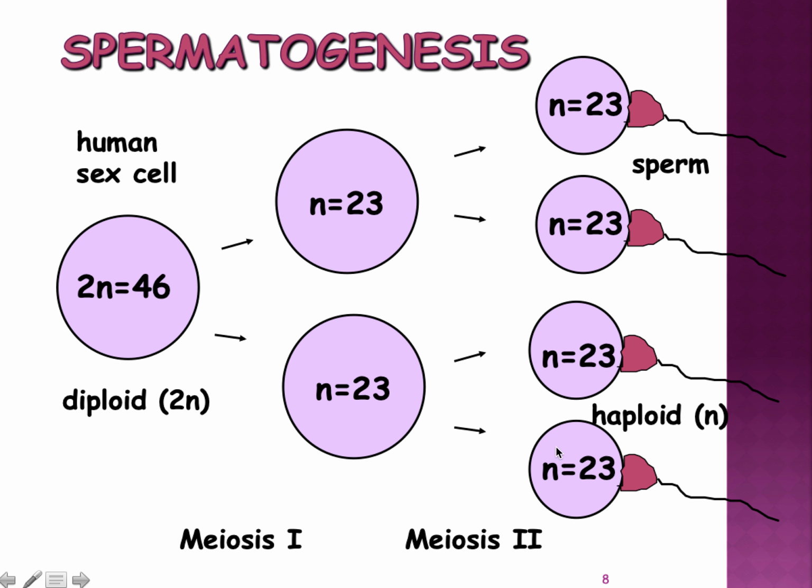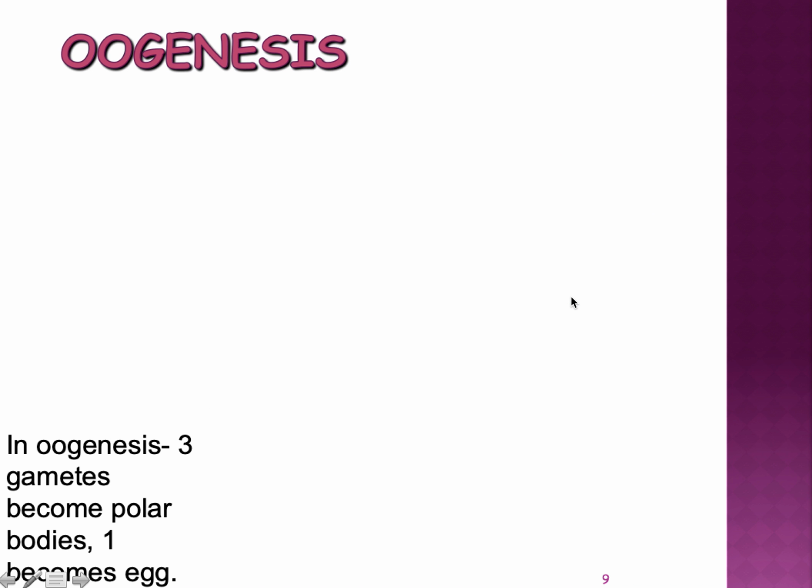And this is why I say that you still end up with 23 chromosomes. It doesn't halve again, but we get 4 haploid daughter cells in meiosis. Okay, so 4 haploid sperm daughter cells, doesn't matter how you want to say it, but this is the production of sperm, or just what happens in meiosis.